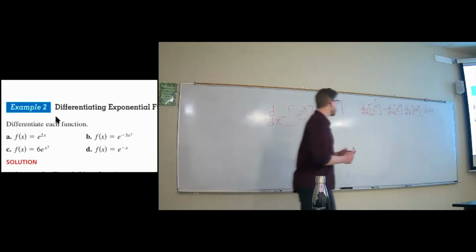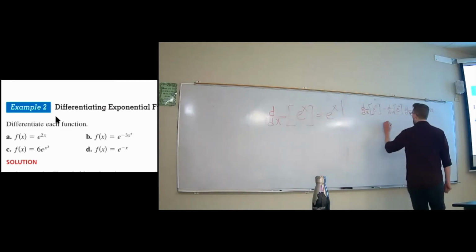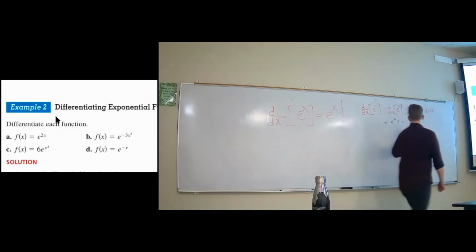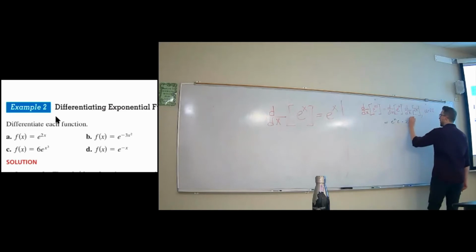So this thing is going to come out to be e to the u times 2. But u was equal to 2x, and we're going to bring the 2 out front. So we're going to say 2 times e to the u is equal to 2 times e to the 2x.